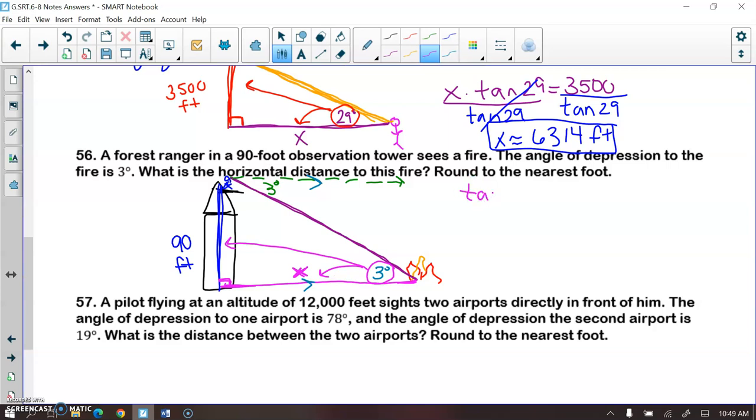So I'm going to take the tangent of this 3-degree angle, and that would be equal to opposite over adjacent. Getting my x out of the denominator, multiplying by x on both sides, I wind up with this.